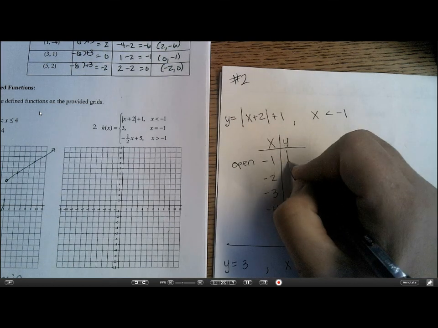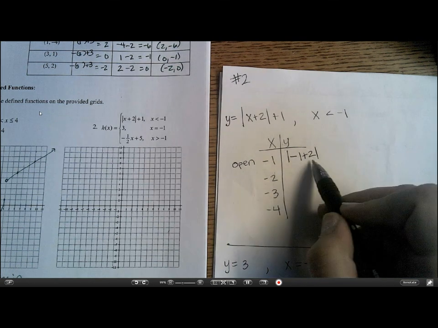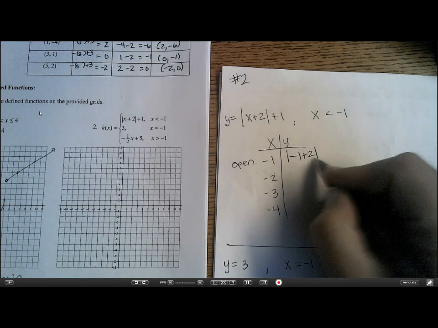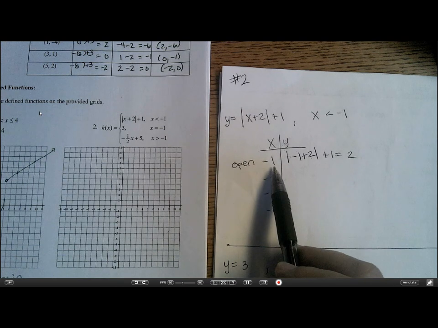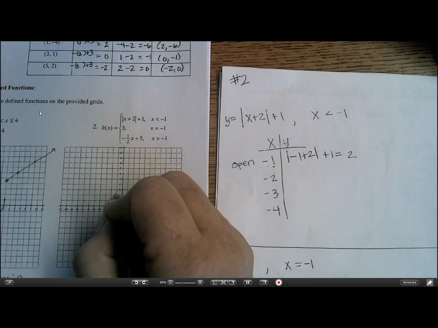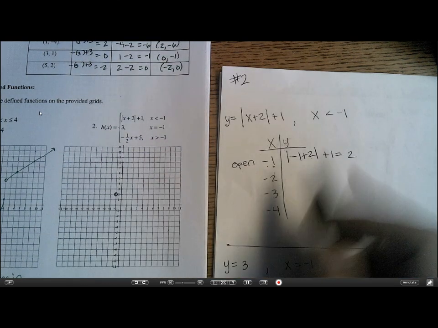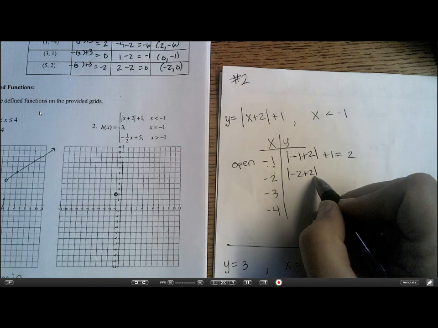So we're just going to plug in -1 plus 2, take the absolute value of that, which is going to be 1. And then 1 plus 1 is 2. So what we're going to have is an open dot at -1, 2. So -1, 2, open. -2 is going to be -2 plus 2 is 0.